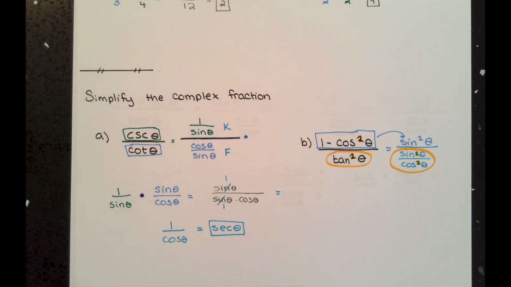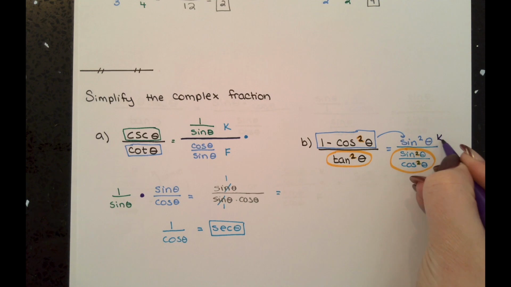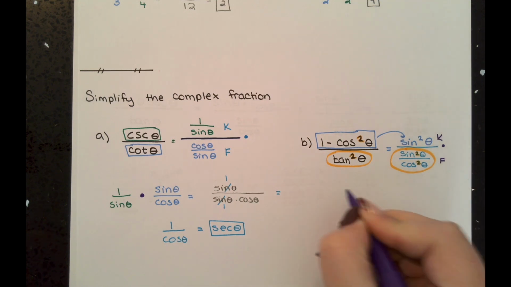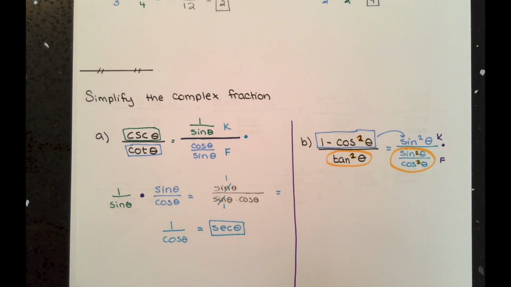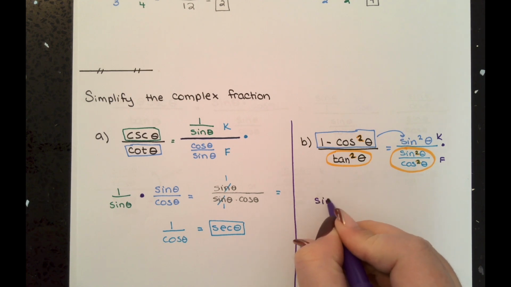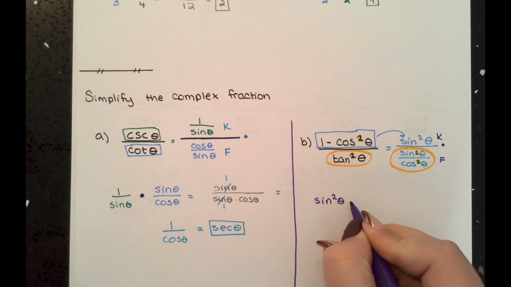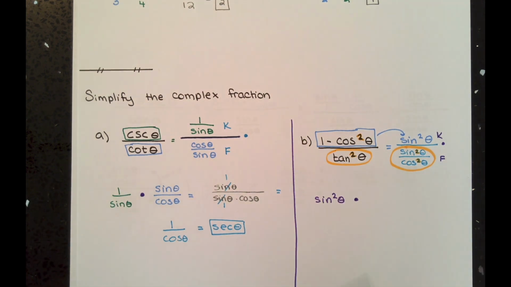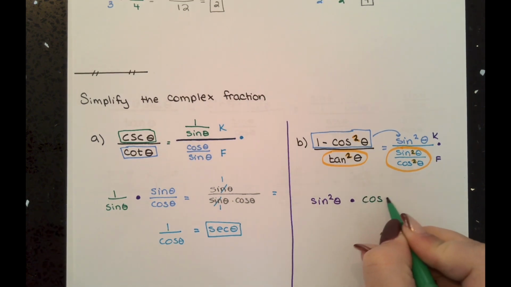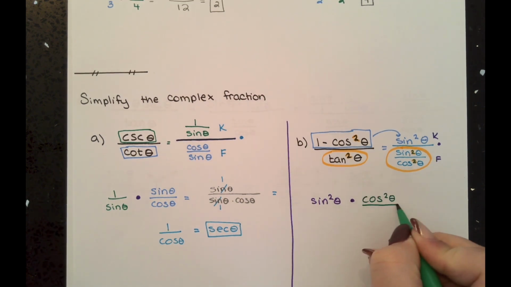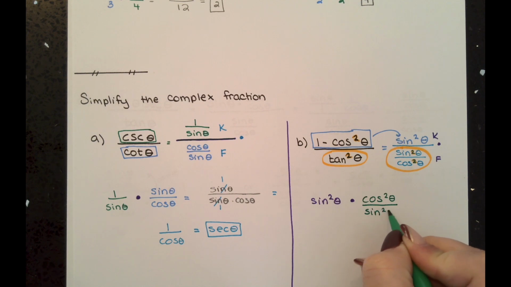Okay, now let's do our keep, change, flip. We have a keep, we have a change, we have a flip. So let's separate this out so I don't get confused. We have sine squared of theta times, we're going to flip that to cosine squared of theta over sine squared of theta.